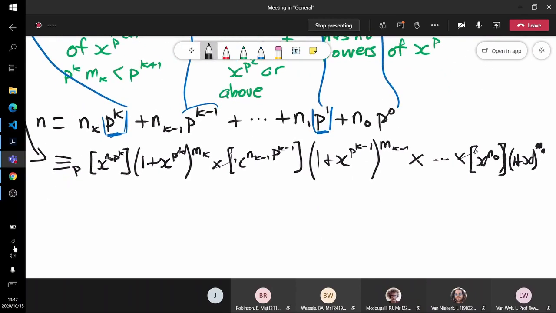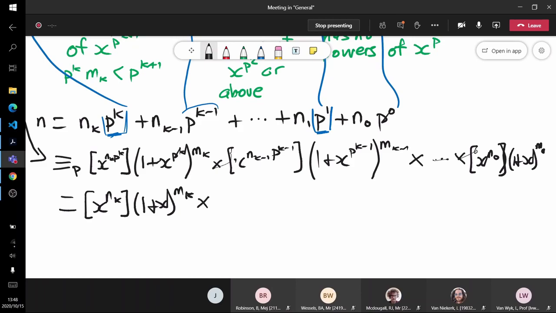Now each of these we can simplify. In the first term that we're looking for, everything is a power of x to the p to the k. So this is actually the same as saying the coefficient of x to the n_k, for instance, of (1 plus x) to the m_k. So we're replacing x to the p to the k with x in the first factor.